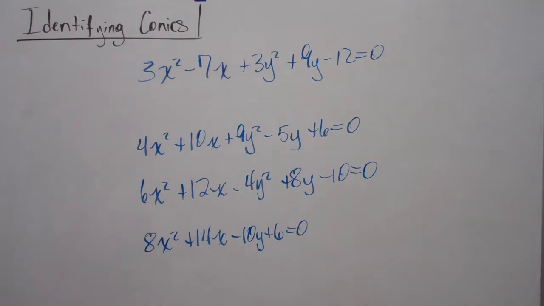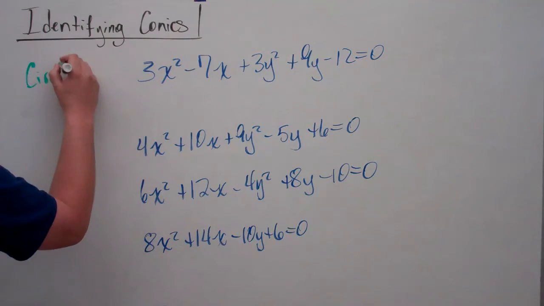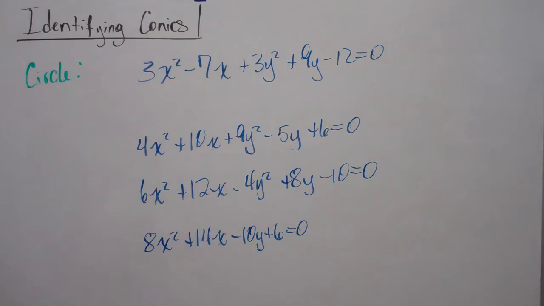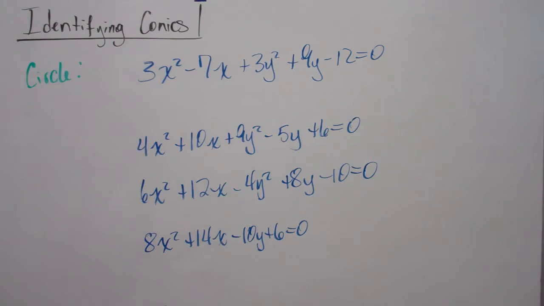So how are we going to figure out what kind of conic we have when they're in non-standard format? Well, there are a few things to look for. This first one, I'm going to tell you what it is, and then tell you what to look for. This first one is going to be a circle. And here's what you look for with a circle: two squared terms that have the exact same coefficient.